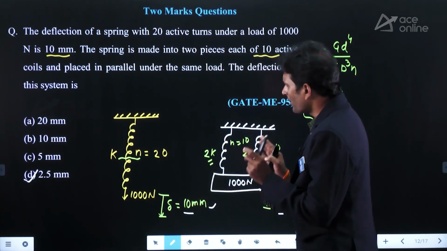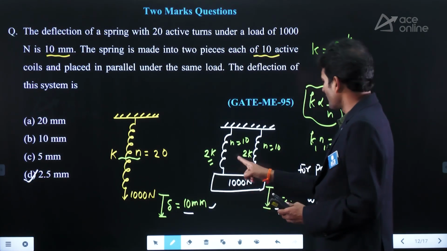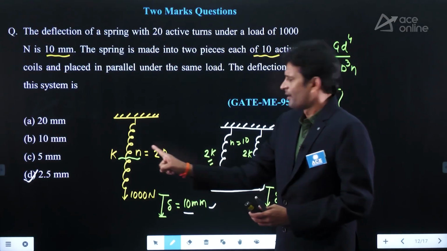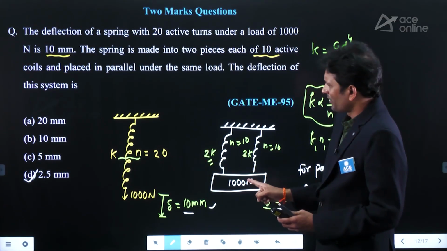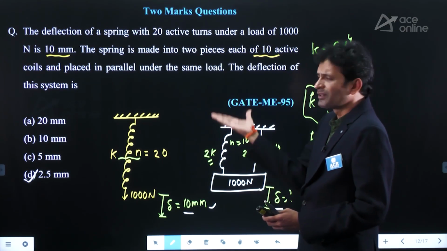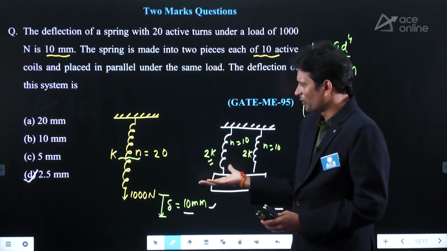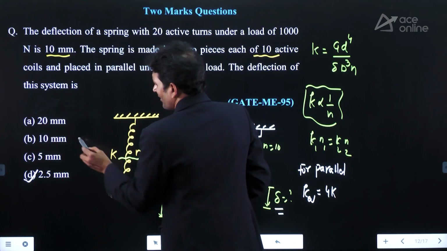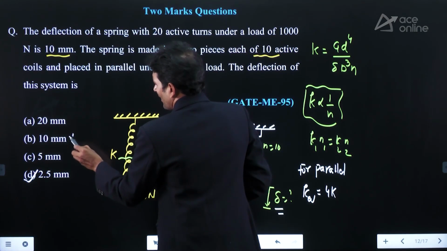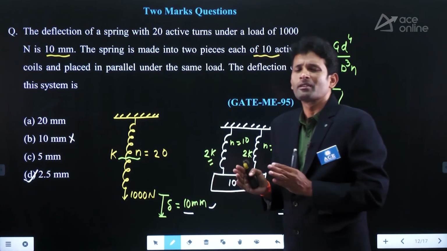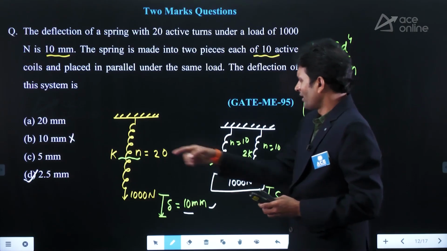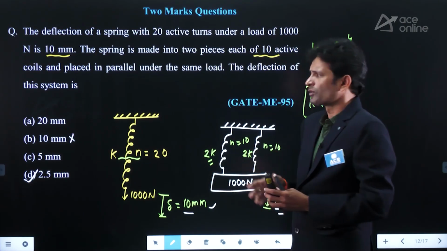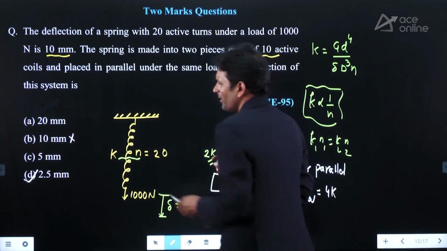Now look at here. If you are observing the relation between stiffness as well as deformation, if the stiffness is increased, the corresponding deflections are going to be decreased. But in option A, option B, look at here, it is again 10 millimeters. That means the deflection remains constant. No, not at all. When I am cutting the spring, its stiffness is going to be increased. So option B you can eliminate.